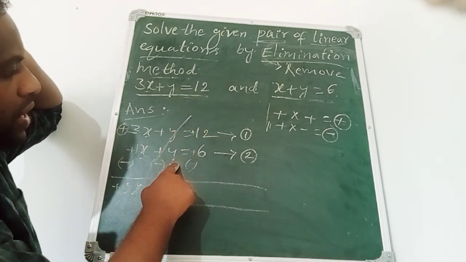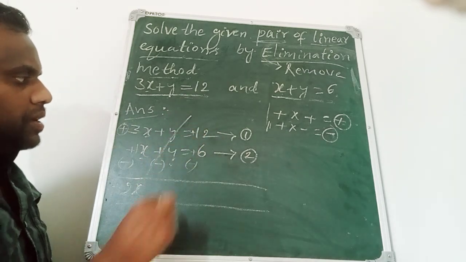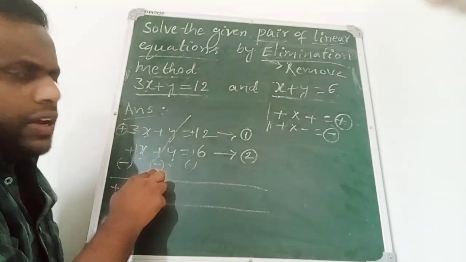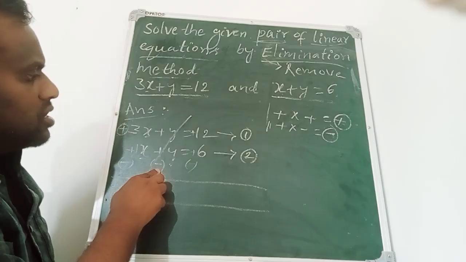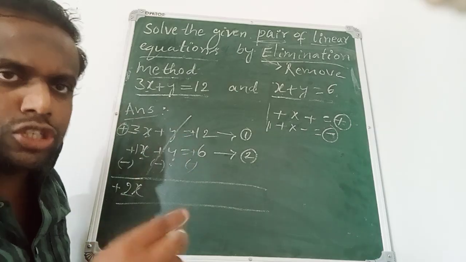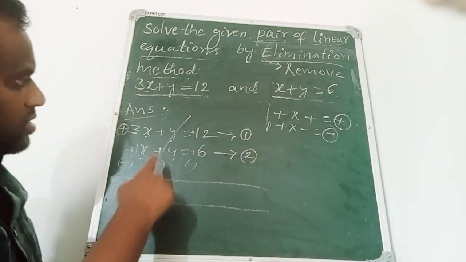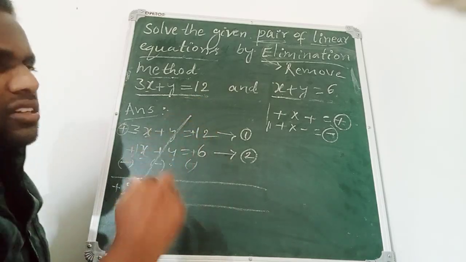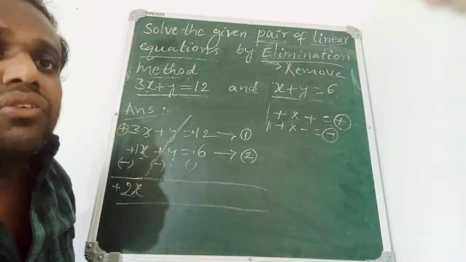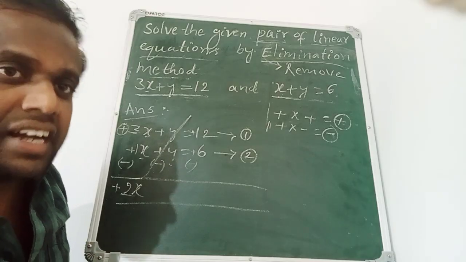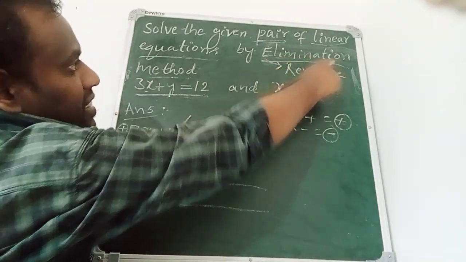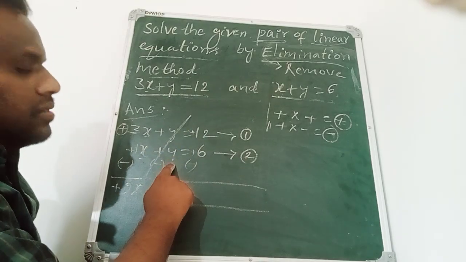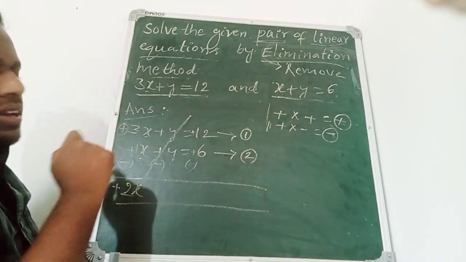We can cancel y because the same y is there here also, and we are doing subtraction. So subtracting y from y means we will get 0, or we can cancel like this, you draw one line like this. So this y is cancelled, it is removed, we have eliminated. That is the meaning of elimination. That's why it is called the elimination method.